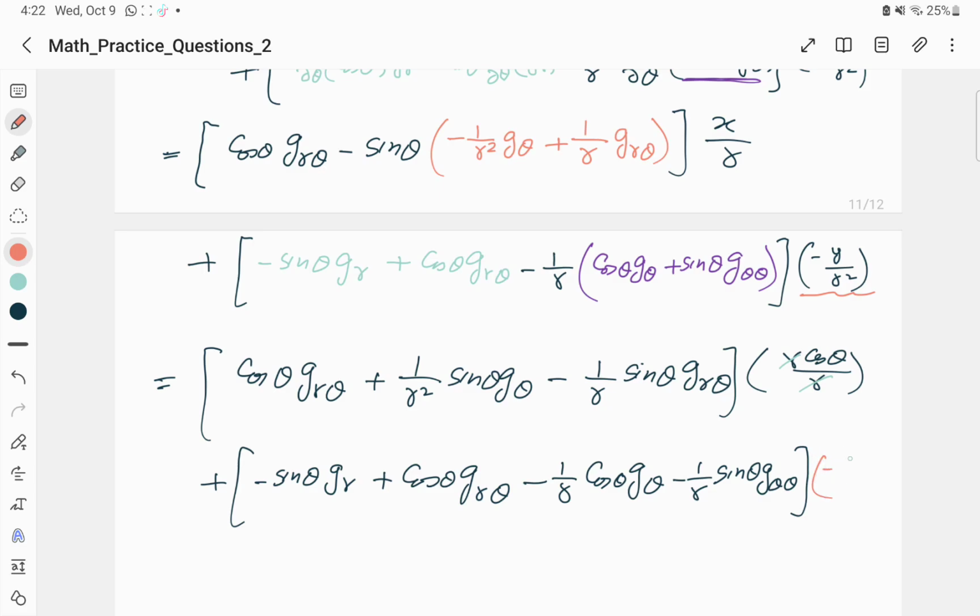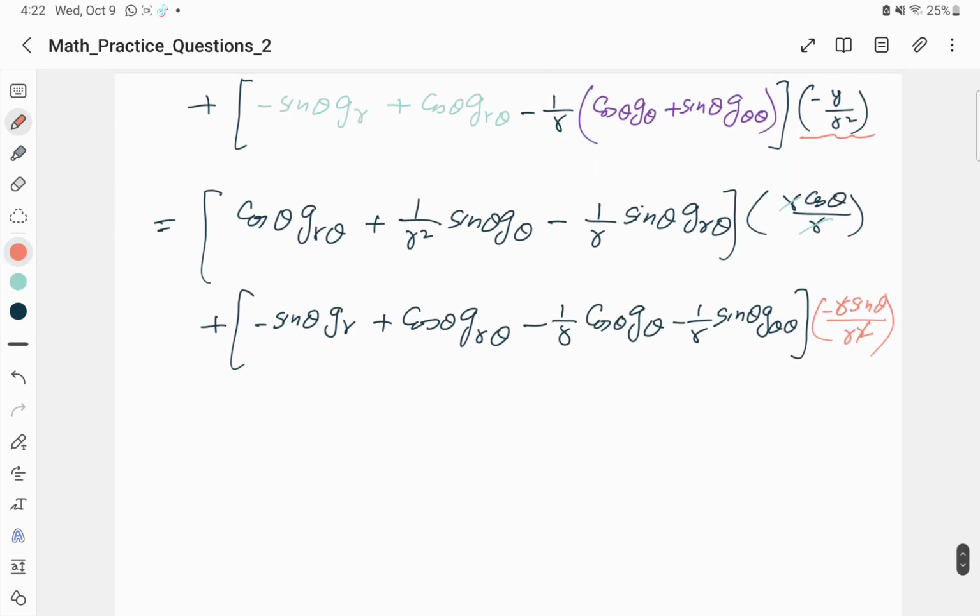So negative y is basically r sine theta, and here we have r square. So this negative r cancelled, this 1 r is cancelled, we are left with sine theta over r. So here we have cos theta. I am going to multiply everything.